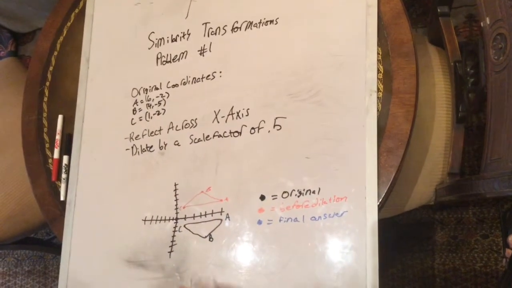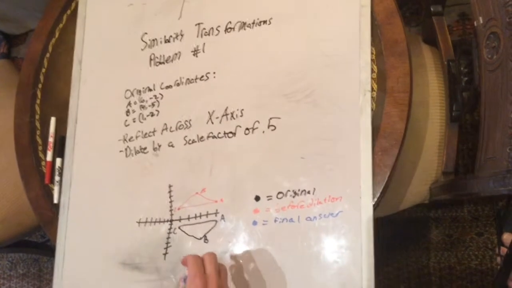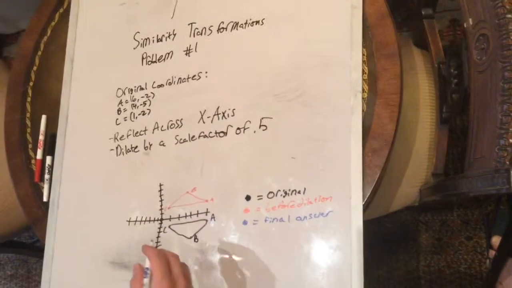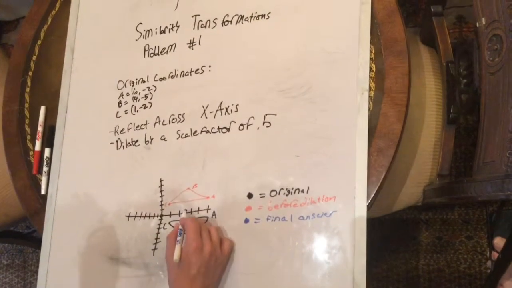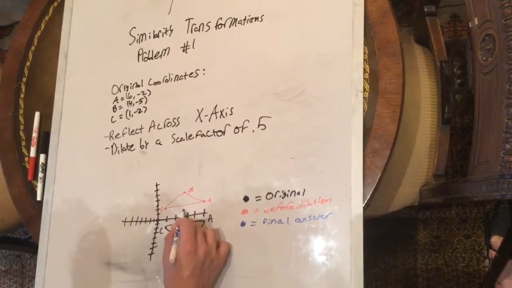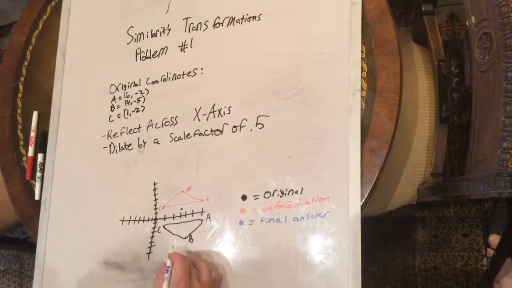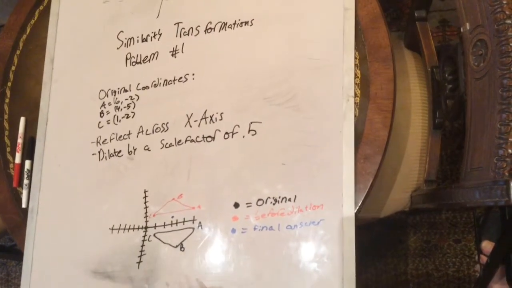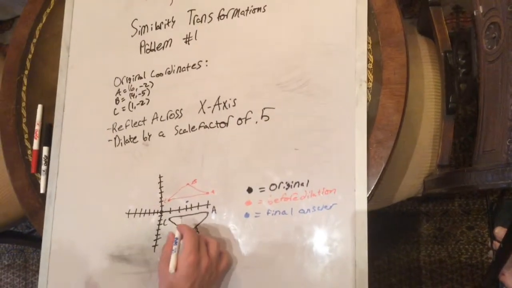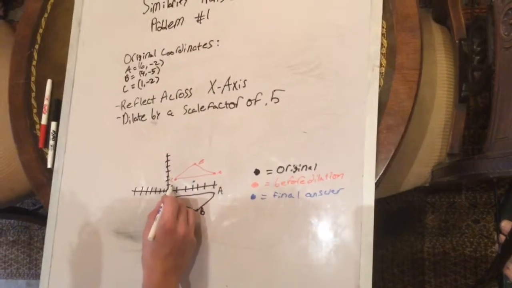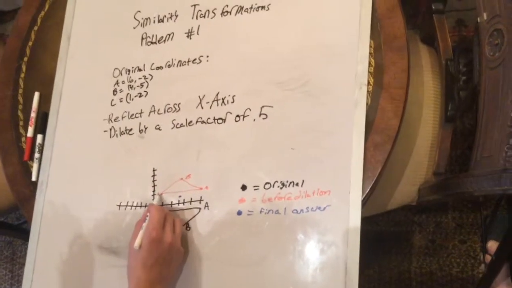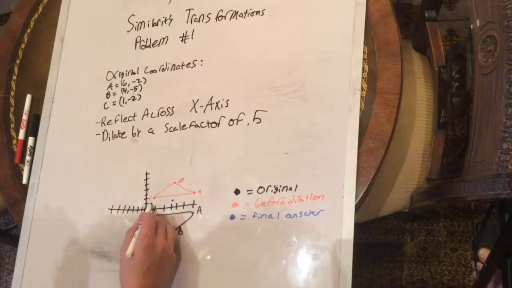And so A is 6, 2, so that would be 3, 1. And then C is 1, 2, so that would be 0.5, 1.